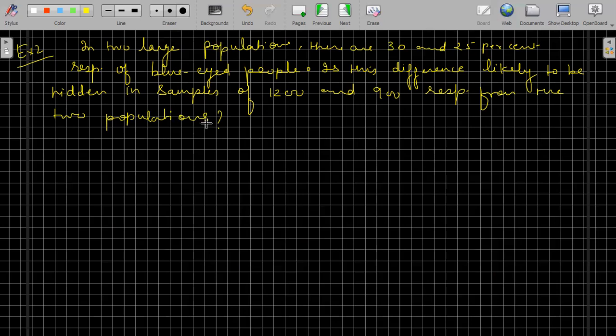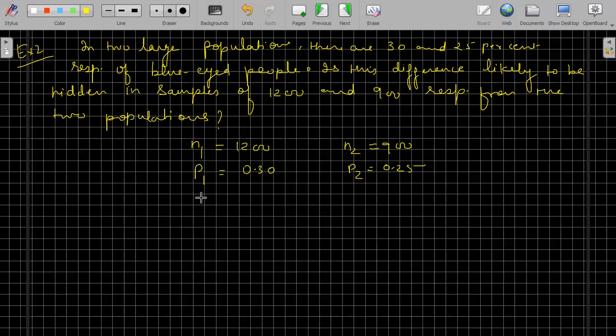तो यहाँ पर हमें क्या गिवन है, हमें n1 की वैल्यू गिवन है 1200, n2 की वैल्यू गिवन है 900, and P1, proportion of people having blue eye in first population is 30%, that is 0.30, and P2 here is 0.25.